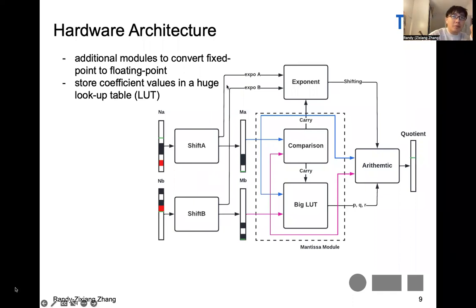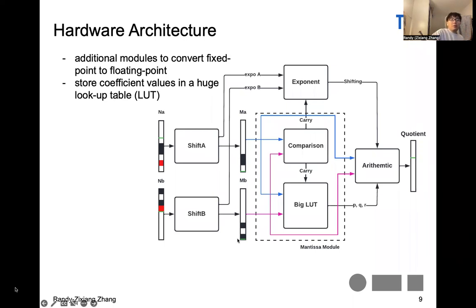We have an exponent module that tracks how much shift we have, and this comparison gives us a carry, indicating which situation we're looking at: is the mantissa of the dividend bigger or smaller than the mantissa of the divisor?